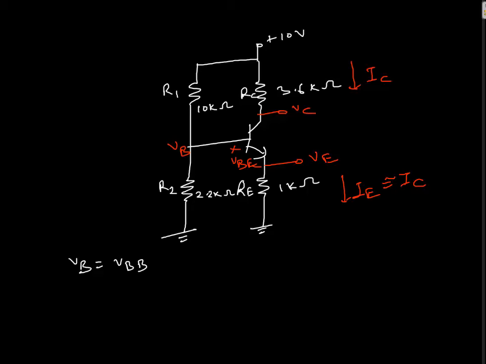So VB equals VBB, which, as we just saw, is R2 divided by R1 plus R2 into VCC.